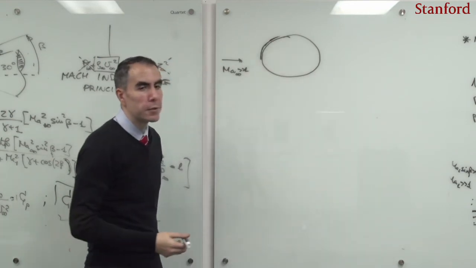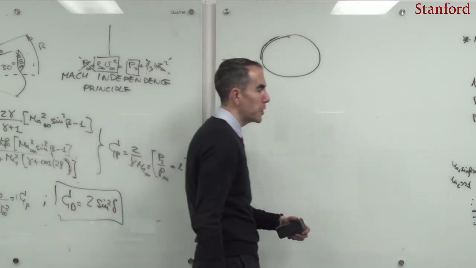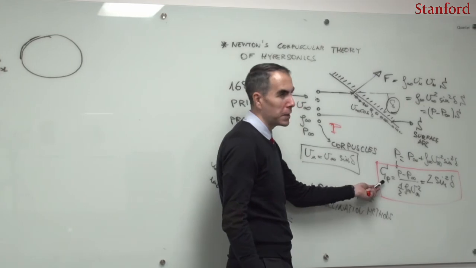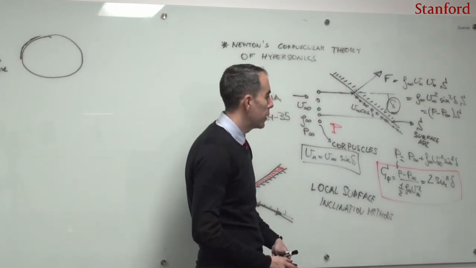As a matter of fact, it's going to be the surface. So one thing that you may have noticed too in this expression here for the CP is that there is no angle beta. So everything is only dependent on the local surface inclination.